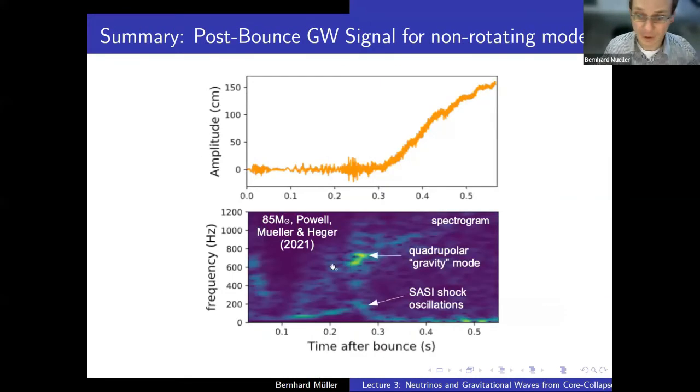So a bit of a summary of all the signal components that we see if we have, let's say, a star that explodes with both of these components, forced G modes and shock oscillations from the SASI. Here a very massive model where you have the SASI and you actually see that the SASI frequency changes. Initially, it's going up.